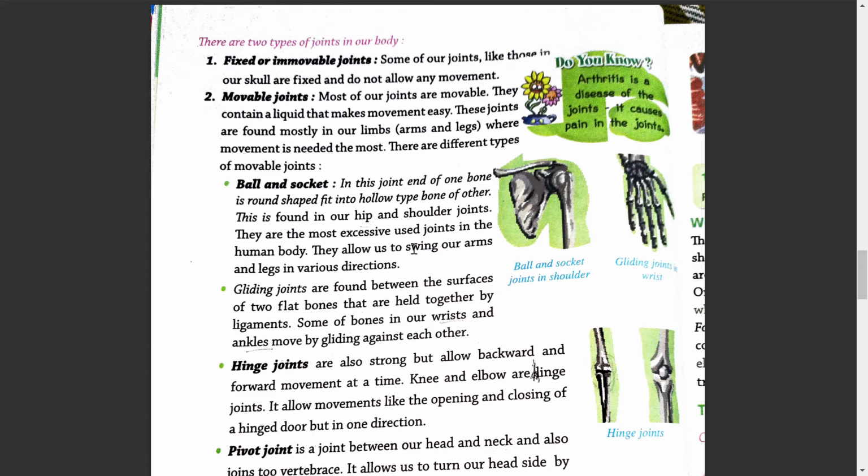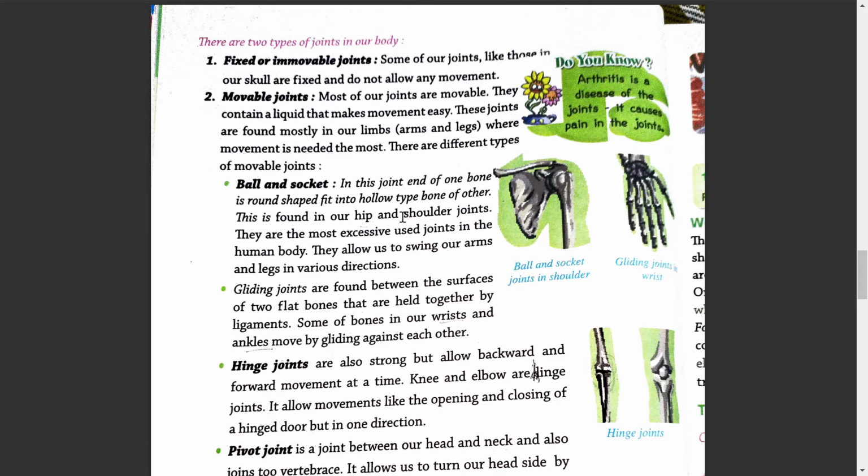Let us see what those are. First is the ball and socket joint. In this joint, the end of one bone is round in shape and fits into a hollow bone of the other. Look at the picture.